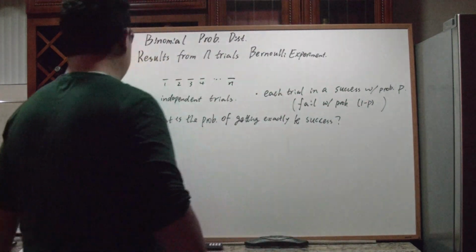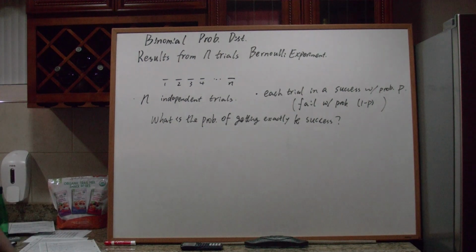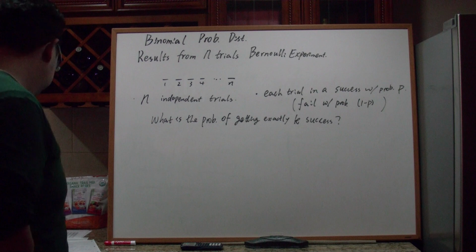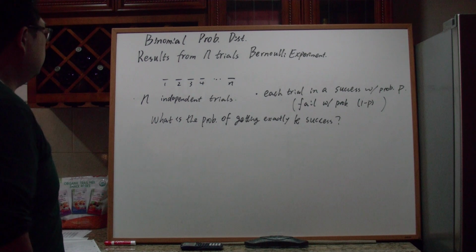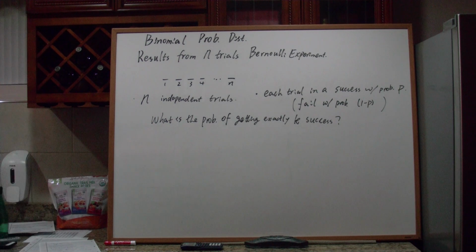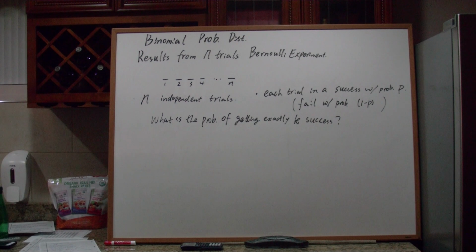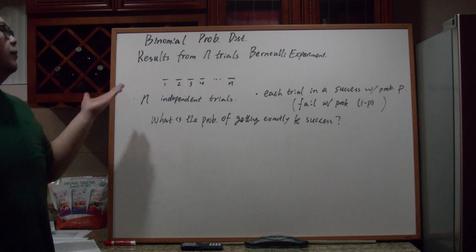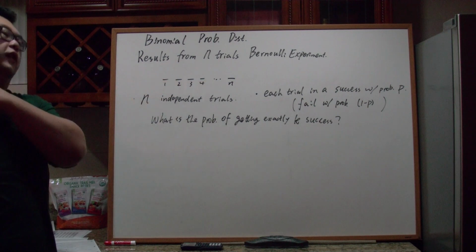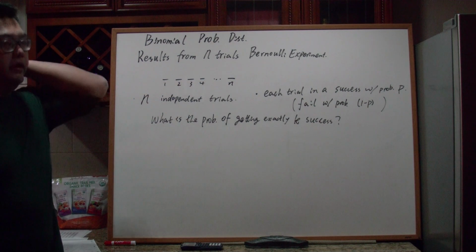We're asking for the probability of getting exactly k successes. Right, so that is the step-by-step building of this distribution. We got to know the Bernoulli before, and now there is more than one trial, it's n trials, but n independent trials.